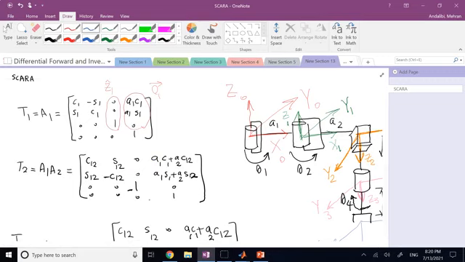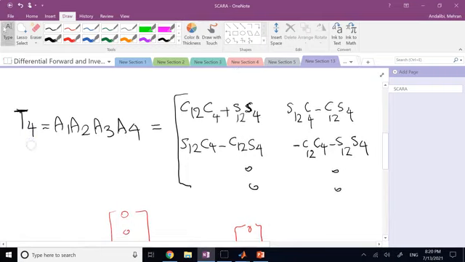Then it plugs in, finds all of the A's, and it keeps multiplying the A's to get all of the T's, and then reads the columns 3 and 4 of the T's, plugs them here, and you just need to tell it which joint is what, whether it's rotary or prismatic. So it uses the appropriate formula, calculates the columns, puts them next to each other.